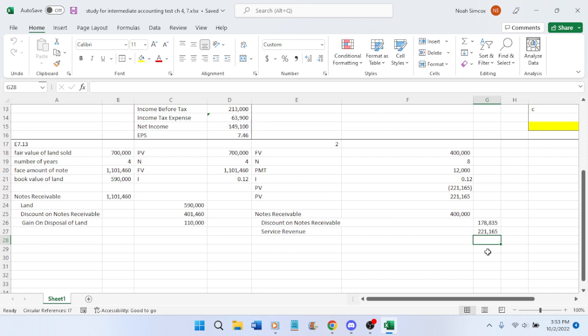Future value equals 400,000. Oh no. Payments per year is 1. What does C/Y mean? Don't even know. Payments per year is 1.